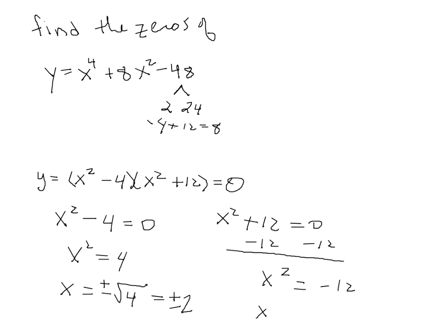I'm going to take the square root of a negative. So I'm at x squared equals minus 12. So I'm going to take the square root of both sides.